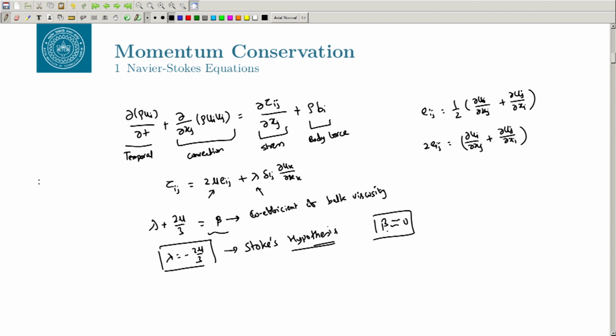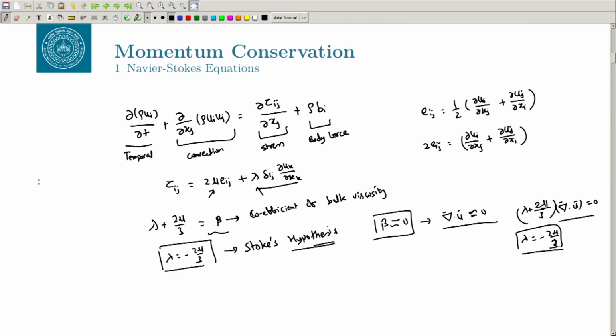If beta is not 0, in most cases del dot u is equal to 0, so the multiplication of lambda plus 2 mu by 3 with del dot u goes to 0, which is the term that you have here. You have lambda multiplying del u_k by del x_k, which is del dot u. So using this hypothesis you get lambda equal to minus 2 mu by 3.